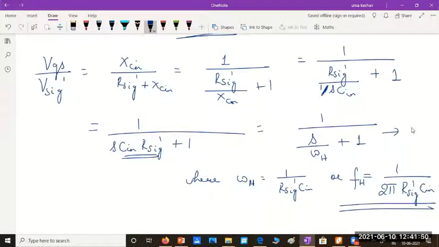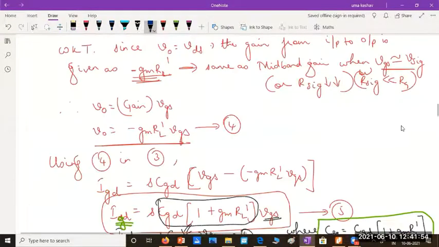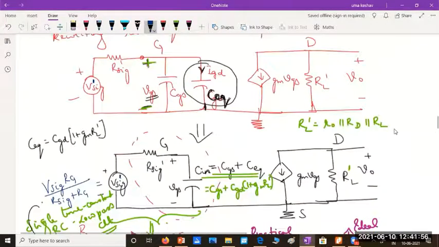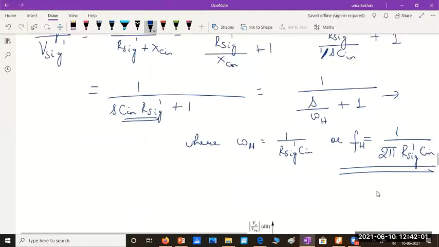I don't know whether we have given equation numbers. Okay, the last one was 5. Let me call this equation 6 and equation 7. This is based on the single time constant circuit. You have to remember this relation.